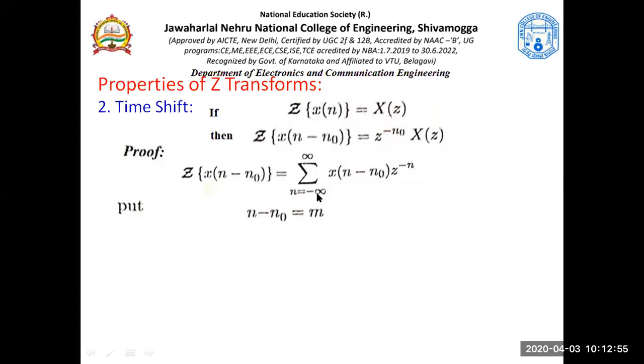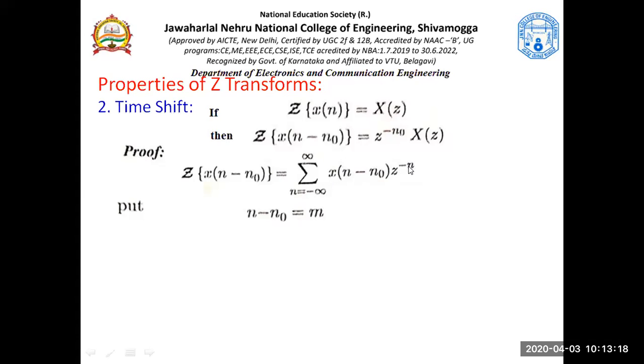But if you do that, there is another problem that we're coming across. What is that? We can substitute this as m and we can have x of m. But here, what would this n become? If n minus n naught is m, then n is m plus n naught. So this n has to be substituted as m plus n naught.